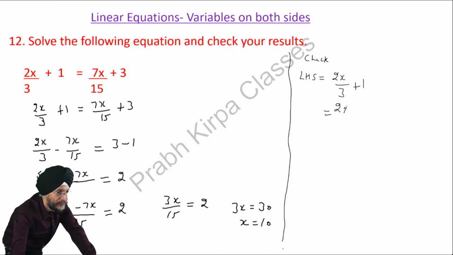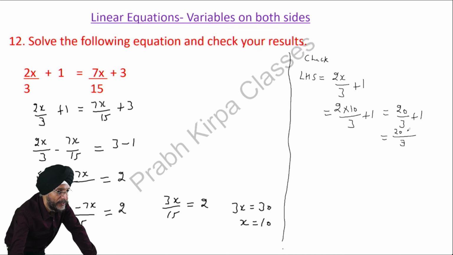It is 10, over 3 plus 1. It becomes 20 over 3 plus 1, or we can write it as 20 plus 3, 23 over 3. This is the left hand side.